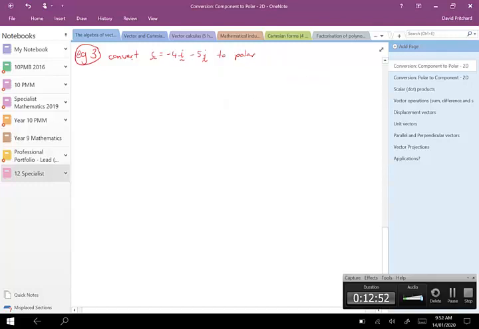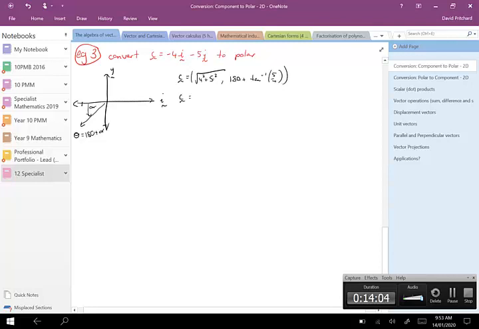In this last example, we'll look at converting vector C, which is -4i take 5j to polar form. So again, we visualize this vector, and we've got -4 in the i direction and -5 in the j direction, so we end up with a vector in quadrant 3. This is the angle that we'll find. We'll end up looking at the angle being 180 plus alpha. So vector C will be the square root of 4 squared plus 5 squared, and then 180 plus arctan of 5 on 4.